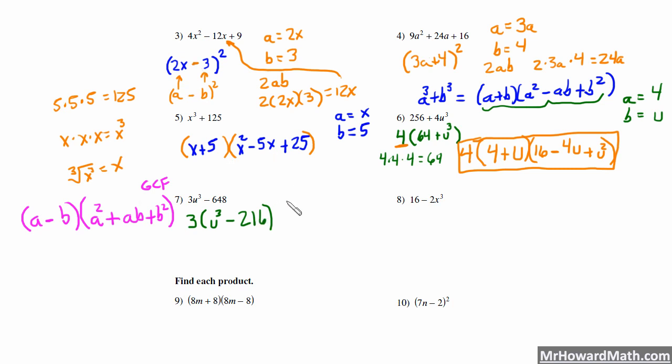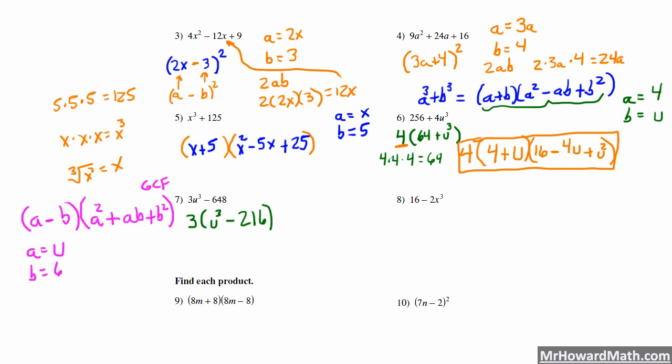So let's label our a and our b from our pattern over here. Our a is equal to the cube root of this term, so that's u. Our b in the pattern is equal to the cube root of this term, which we determined was 6.